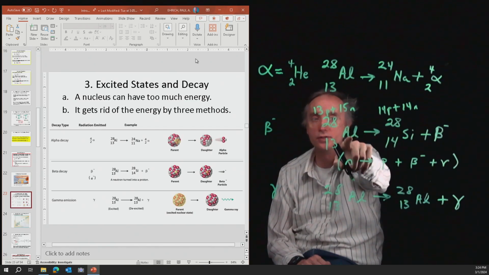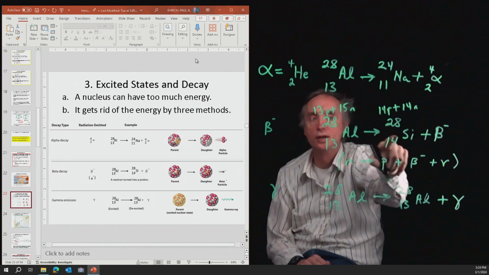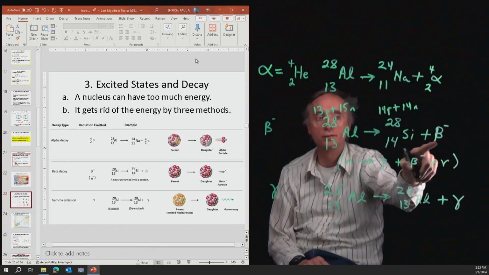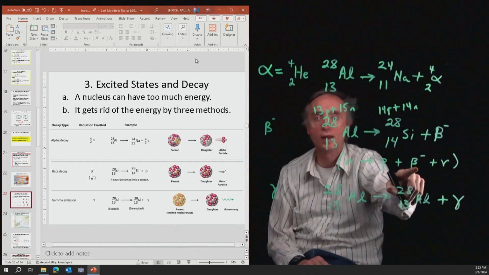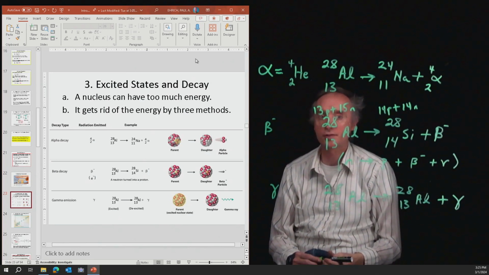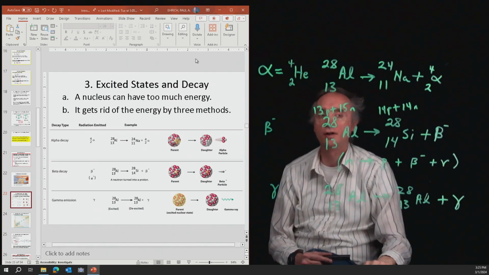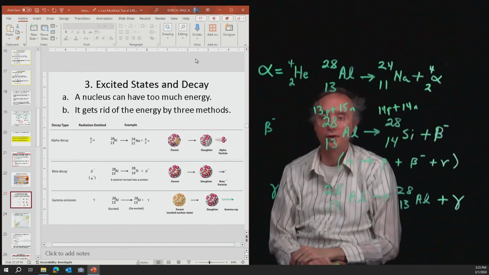But the element did change. It went from aluminum and turned into silicon by emitting the beta particle. And you could also have a beta plus situation in which you have too many protons, and then a proton could change into a neutron. But that's not illustrated here.